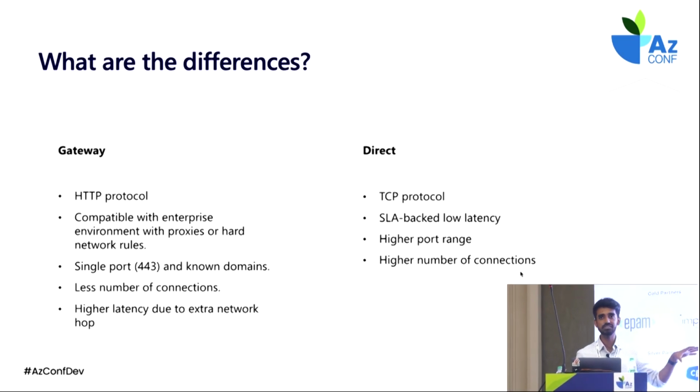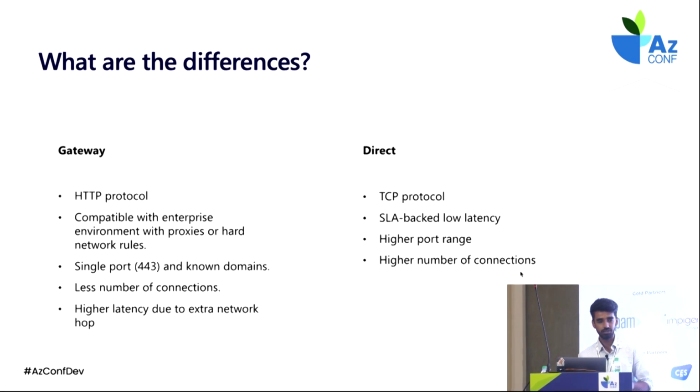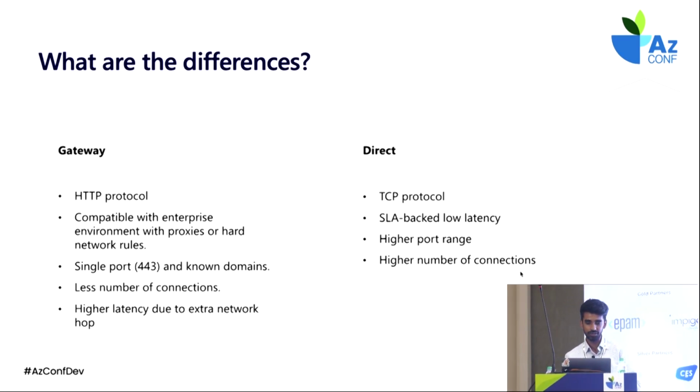They do have proxies in their environments, with some set of rules which might block some users or applications from talking to us, where you have only certain ports open. In those scenarios, gateway might be the option that you need to choose. Also, gateway uses HTTP connections.